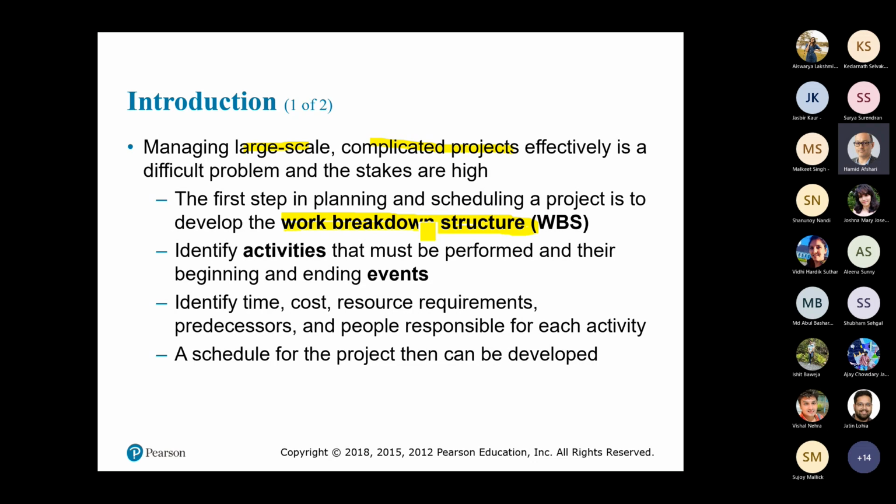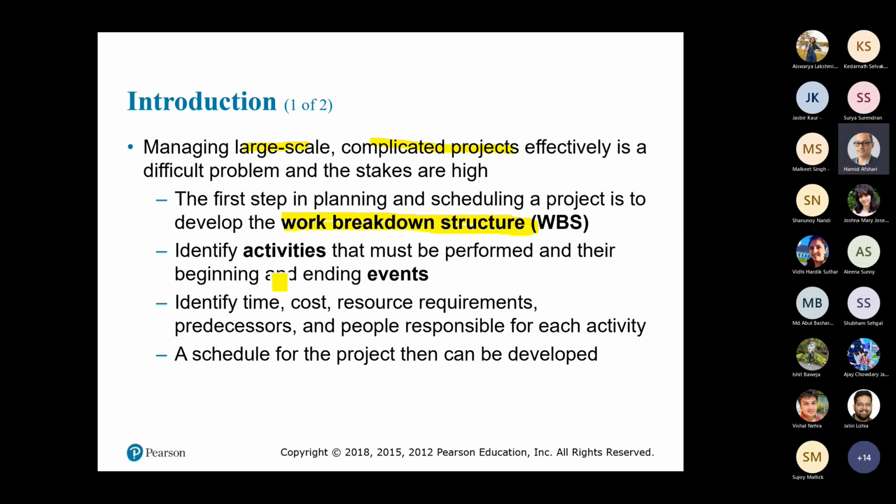And these smaller pieces should have a meaning, okay? So you need to make sure that, for example, you cannot divide the cooking into two sections. You need to keep it as one section because that should be coherent. Okay, so making WBS is the first step.